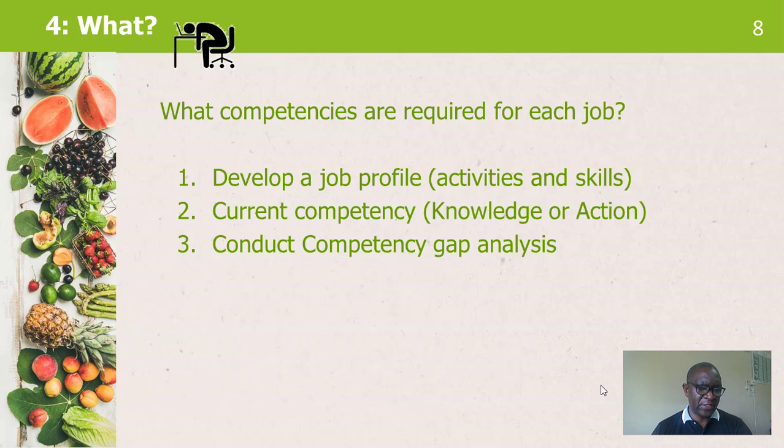For each activity, 2 types of competency can be distinguished in relation to the capacity of the person occupying the post to perform the task assigned to them. This is knowledge-based, which is theoretical, and also action-based, which is a practical skill.